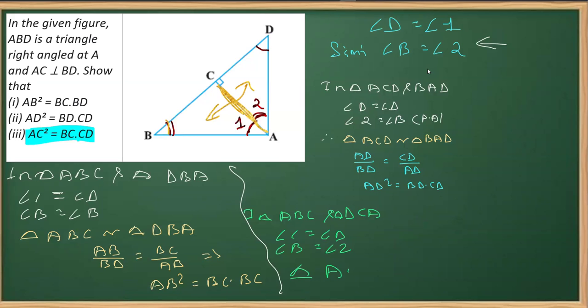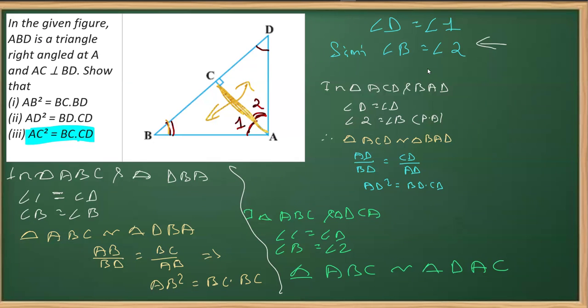If I take ABC in order, A of this, which is angle 1, corresponds to angle D. So it has to be D here first. And B, for the other triangle, angle B corresponds to A, and C is 90 in each case.